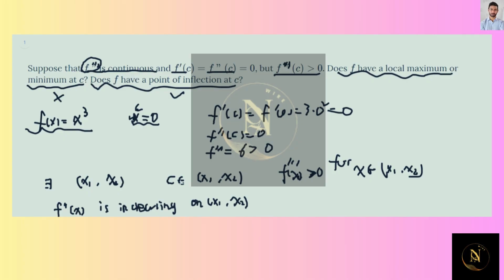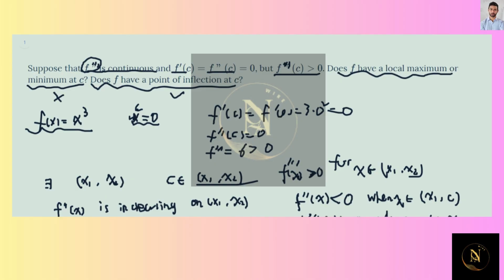Since c belongs to this interval and the second derivative at c is equal to 0, we have f double prime of x is less than 0 when x belongs to x1 to c, and the second derivative of x is greater than 0 when x belongs to c to x2.